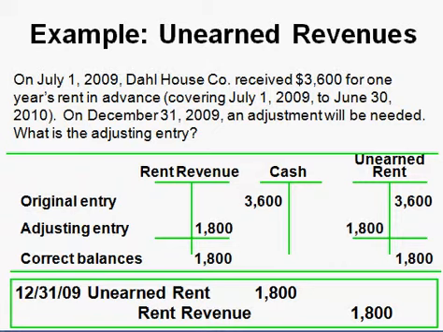So you would figure out what that amount was, and this time is easy, it's $1,800. So your adjusting entry would be to debit unearned rent for $1,800, which is a liability, and would reduce that account to the right amount. And then we've earned that revenue, so therefore rent revenue would be credited for $1,800. If we didn't make that adjusting entry, then our revenue is not accurate on the income statement. So it looks like we have less revenue than we actually have.